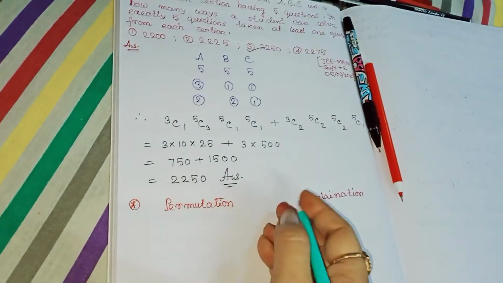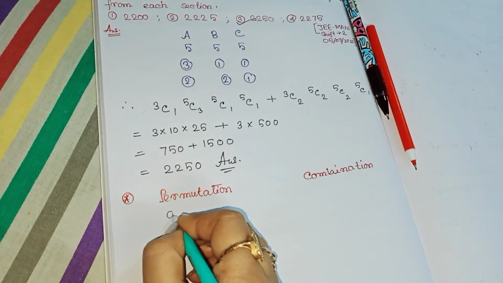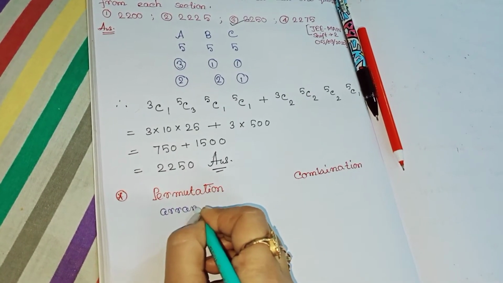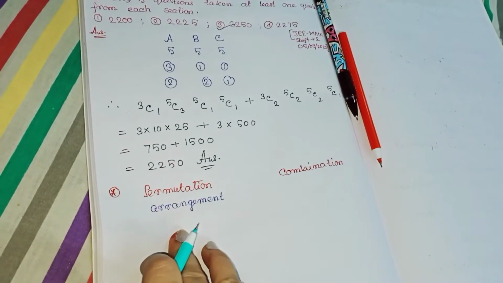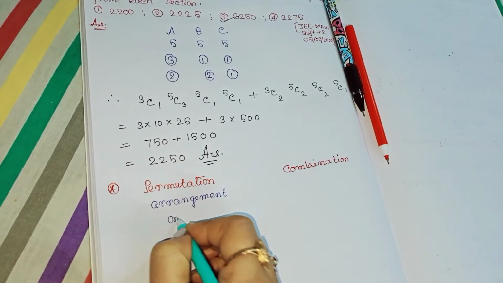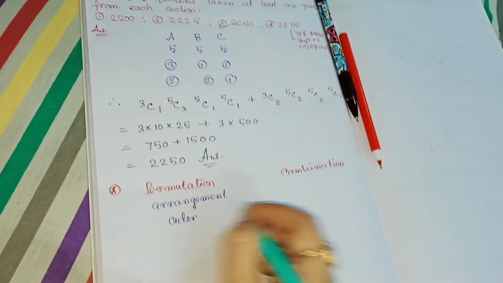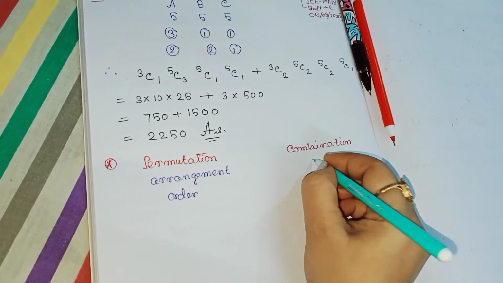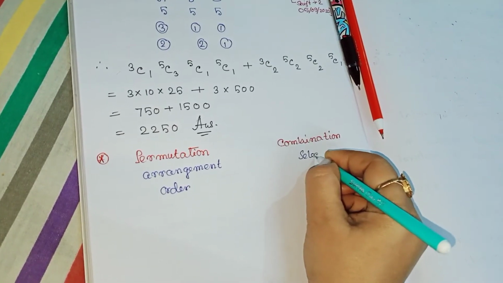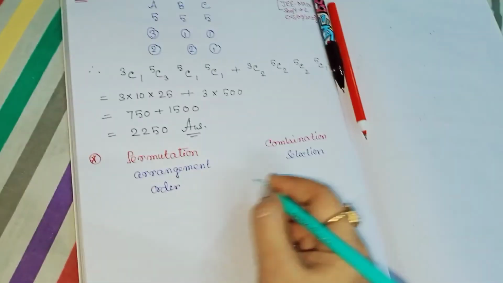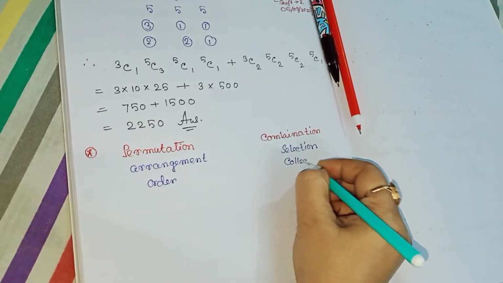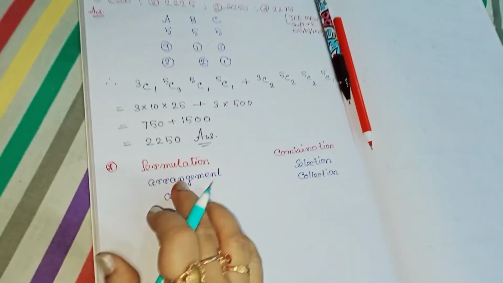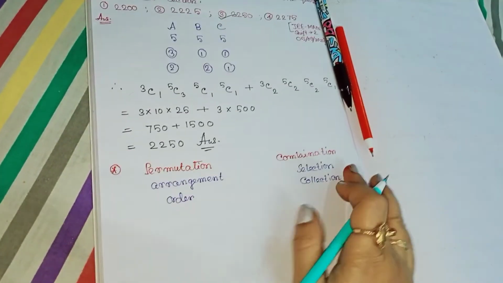Permutation means arrangement, or simply, order. Combination means selection, or simply, collection. We easily know what is arrangement and what is order, and what is selection and what is collection.